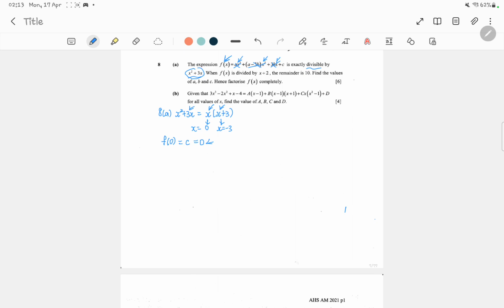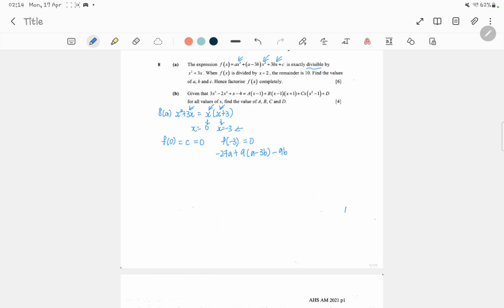Similarly, we can also deduce that f of minus 3 equals 0 as well. So I'm going to substitute minus 3 into all the x. We get minus 27a plus 9(a minus 3b) minus 9b.